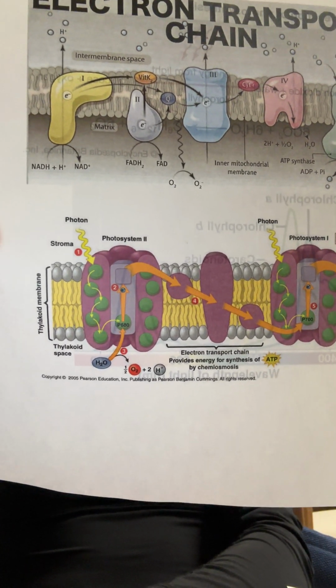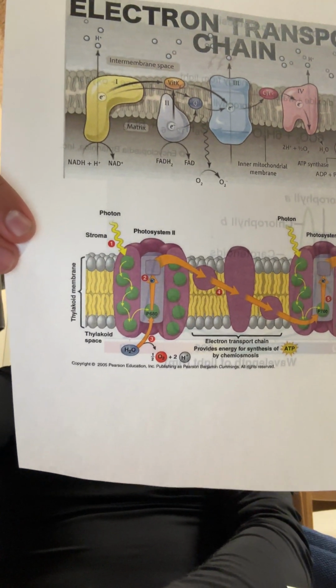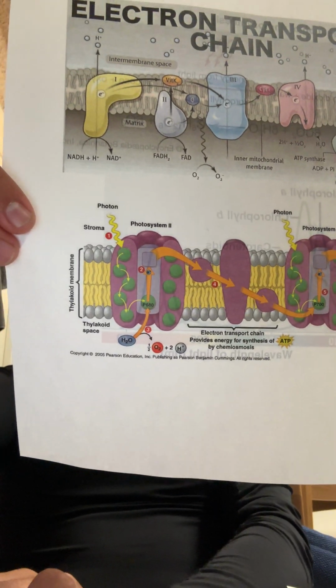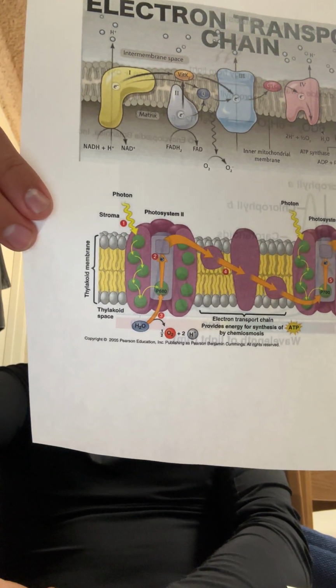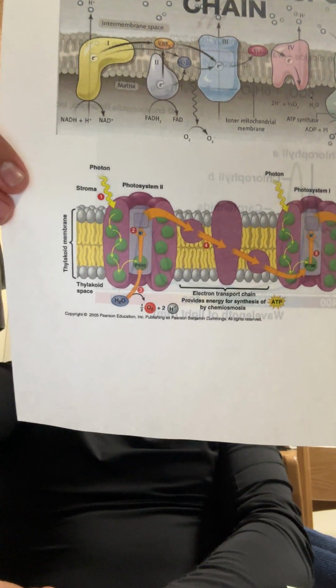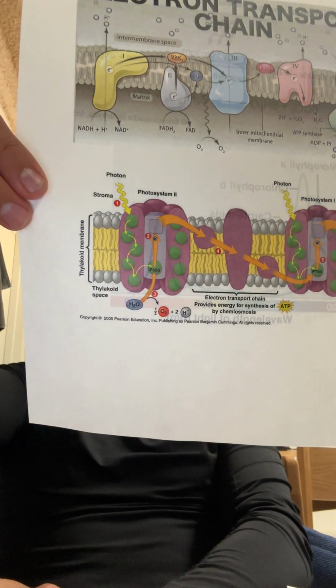Those electrons then reach photosystem 1 through a transport chain. PS1 absorbs more light energy to re-energize these electrons, which are then used to reduce NADP plus into NADPH, a highly energized molecule that carries electrons to the Calvin cycle.